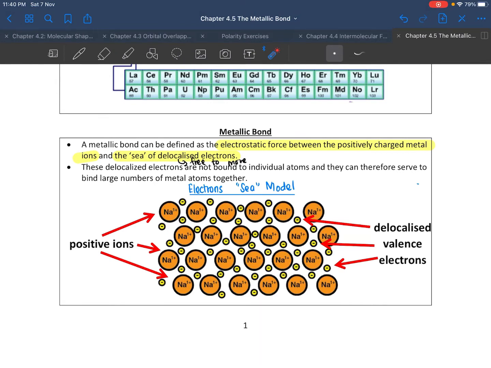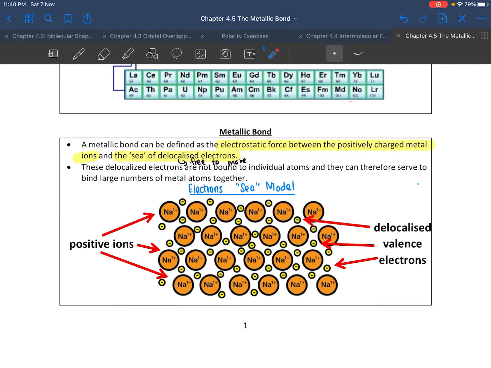Okay, so kiranya dia tak perlu nak serve satu metal ion saja. Dia boleh serve banyak metal ion. So, maksudnya this electron can be attracted to this Na+, or this electron can be attracted to this Na+. Okay, so macam itulah dia punya metallic bonding terhasil.